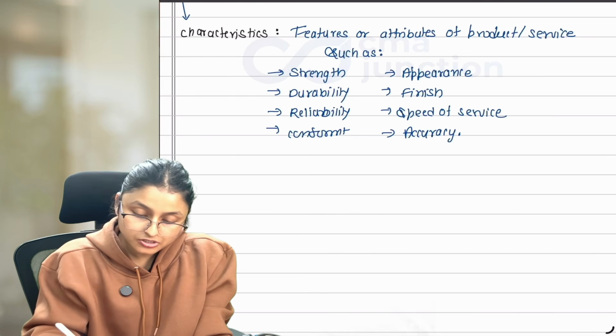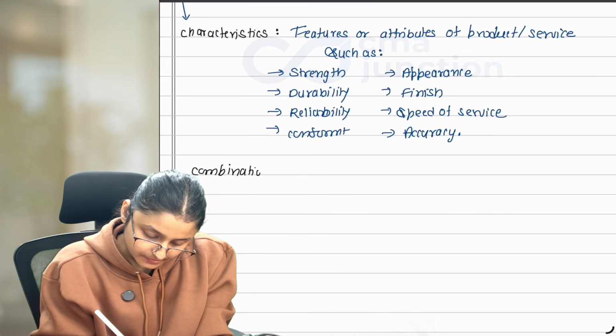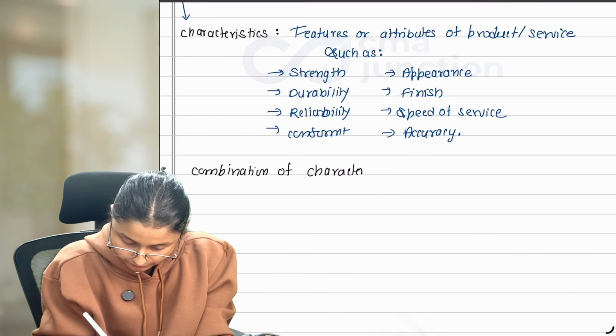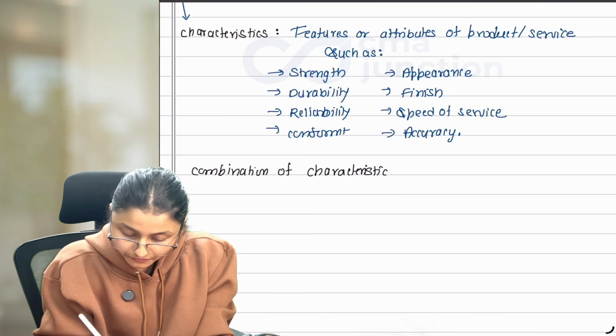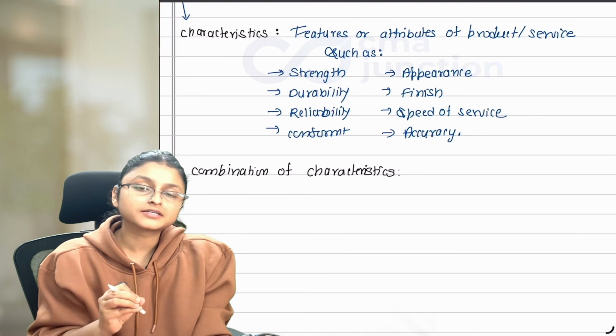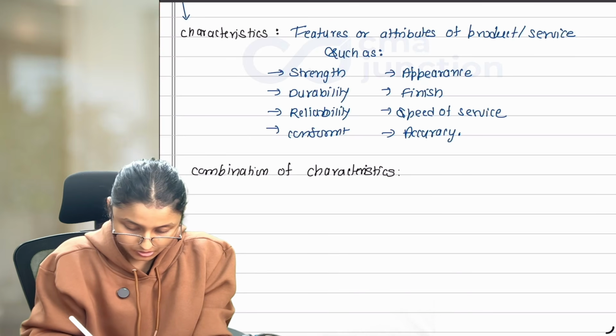What does combination of characteristics mean? When we differentiate one product from another, we not only do that from one characteristic's point of view, right? We take different characteristics together and then judge whether it is a quality product or not.